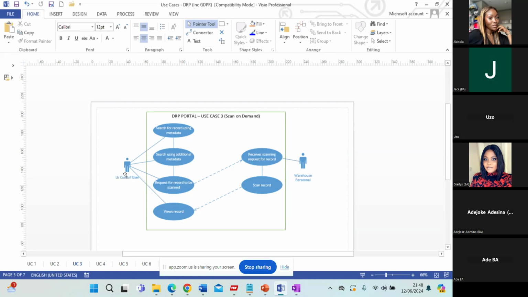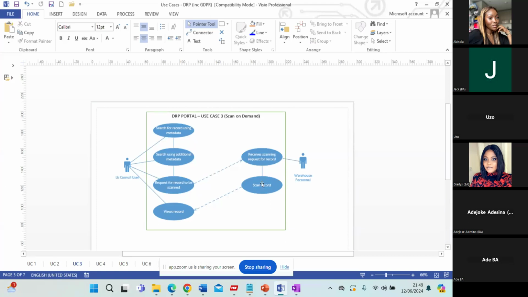So the user searches for the record using metadata. They don't find it, so it goes down, and then they search using additional metadata. Then they don't find it, so they request for the record to be scanned, and then the system sends the request to the email of the warehouse personnel, and they receive the request for scanning.